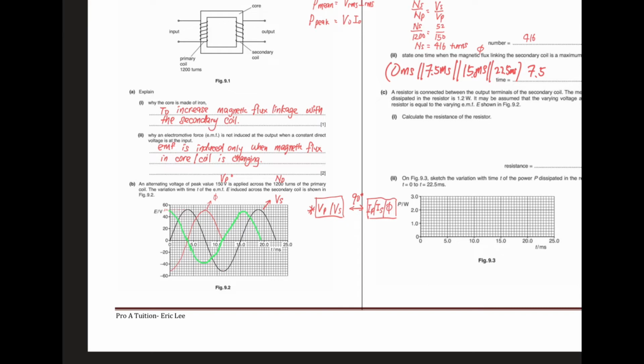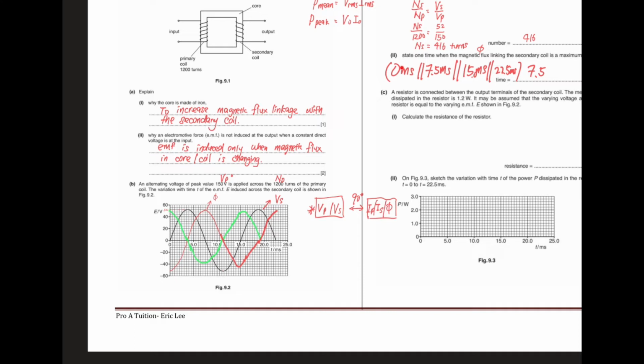If you follow the red graph, which also has a phase difference with the black graph of 90 degrees, then you can see maximum can happen at 7.5, and can also happen at 22.5.